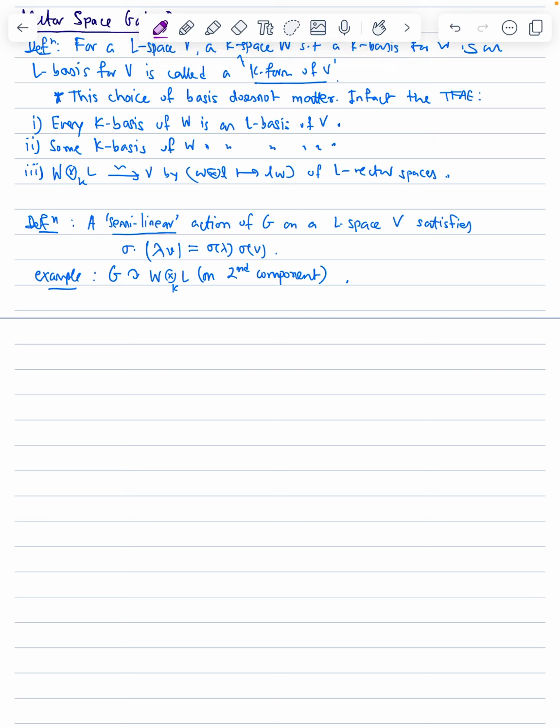The main theorem says that there is a bijection between all the G structures on V and all the K forms of V. So these two sets are in one-to-one correspondence.